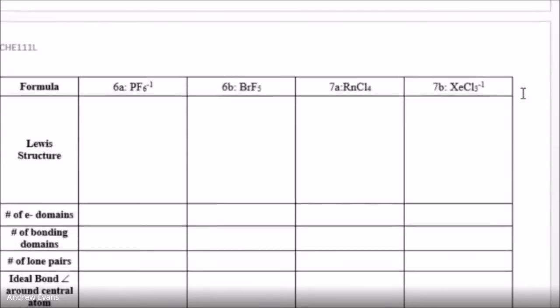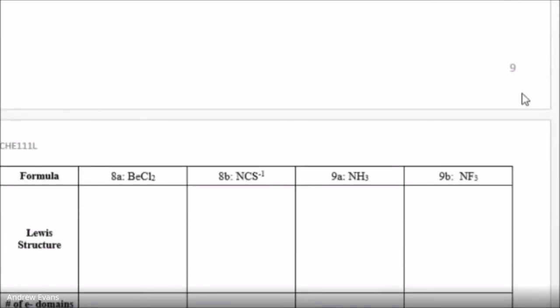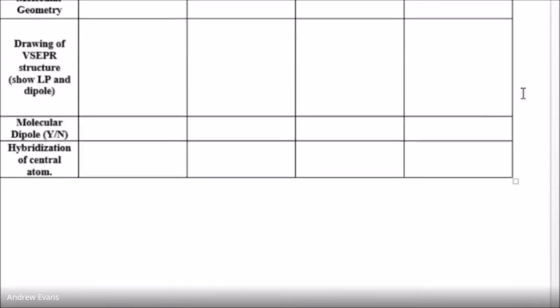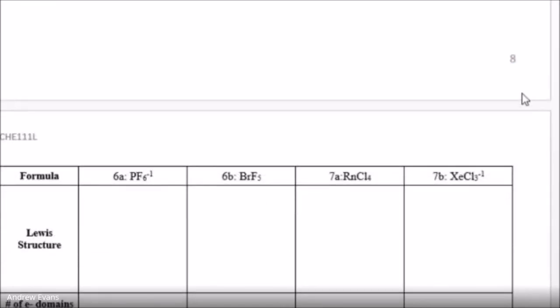Well, now I'm trying to figure out one I could think. Show you. Oh, two more, and then in the class we'll go ahead and do radon tetrachloride and xenon trifluoride, like ion, radon tetrachloride.